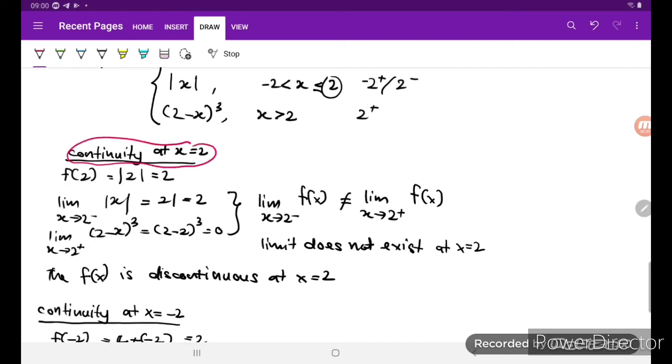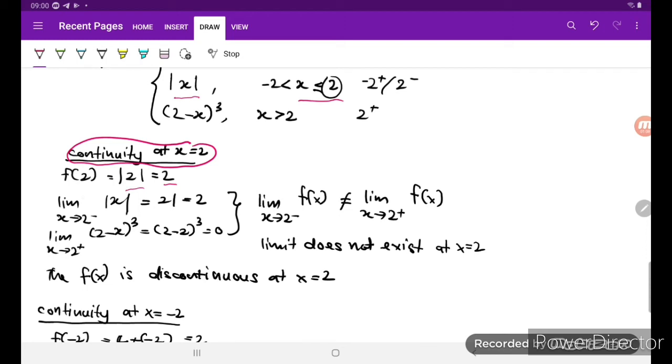So we calculate f(2). So f(2) is, we use this function, so it is the modulus of x. So modulus of 2, so our answer is 2.